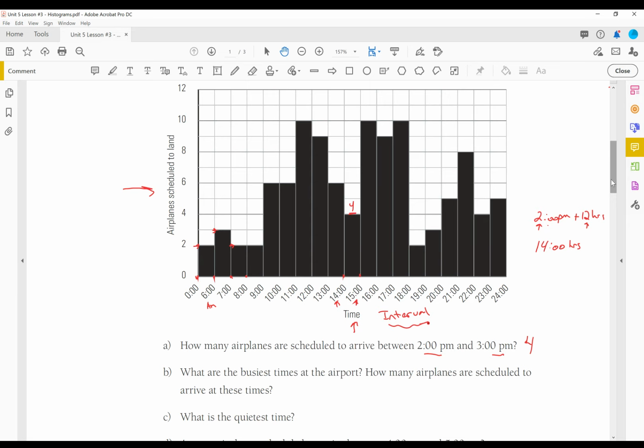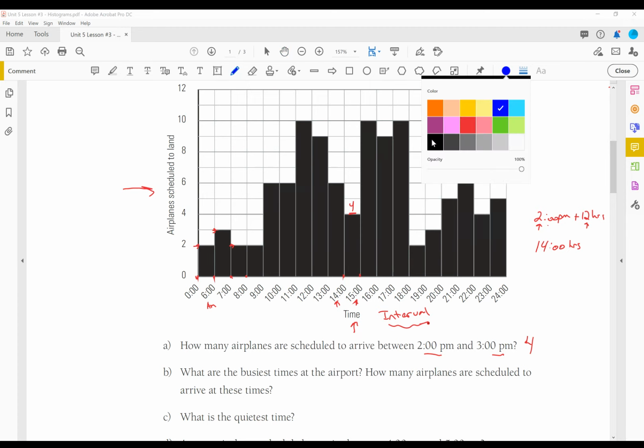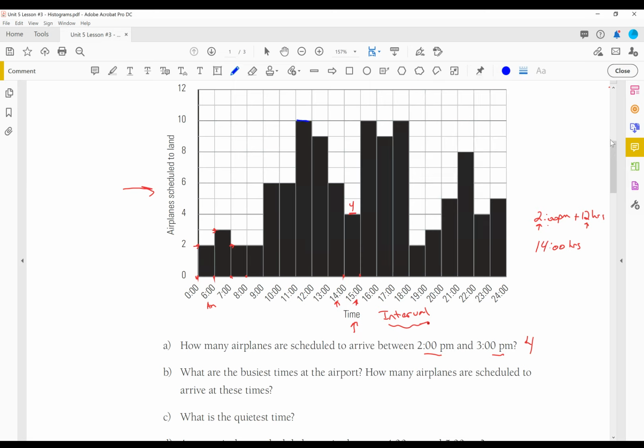B says, what are the busiest times at the airport? And how many airplanes are scheduled to arrive at these times? Well, the busiest times would be when I have the most planes scheduled to land, of course. I've got one section here, one section here, and one section here.